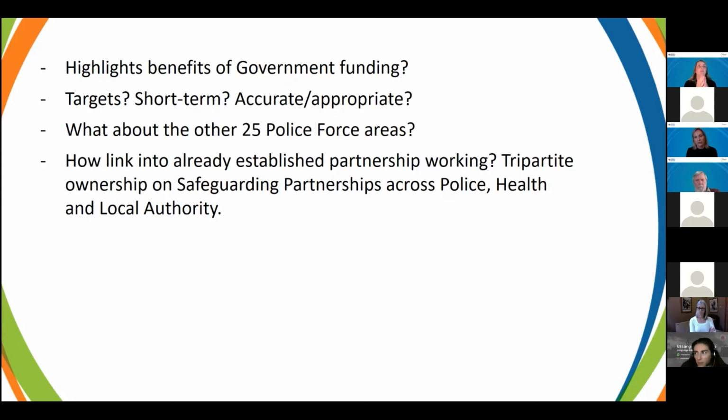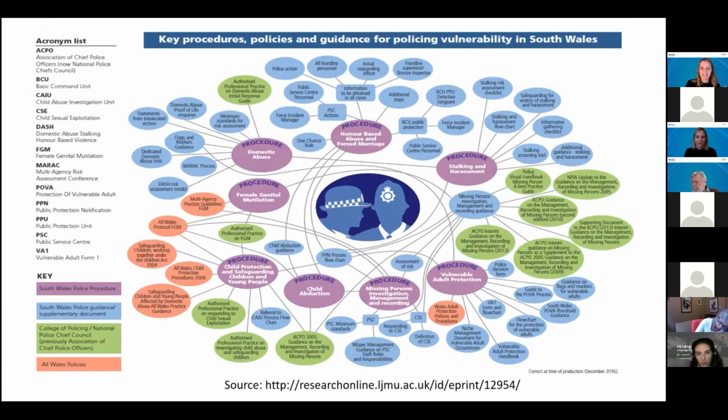And again, just on the UK, I promise we'll go into other areas in a minute. We have the safeguarding partnerships that already exist across the UK. These are now required as a tripartite ownership across police, health and local authority. So that's mandated. They have to be owned jointly across police, health and local authority. There are a number of issues with this, which I'll just nicely highlight on this very complicated slide.